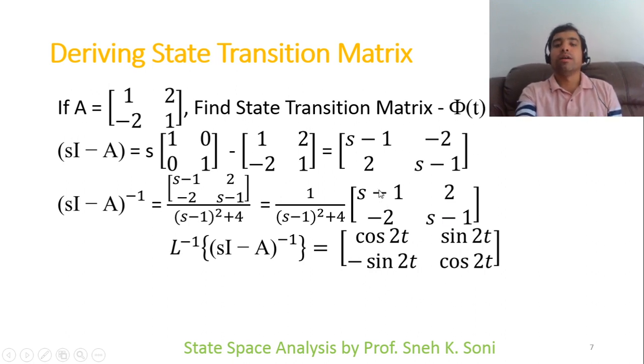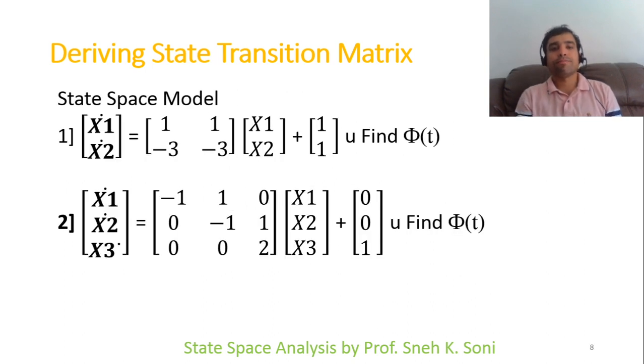If I simplify this, it is 1 upon (s minus 1) whole square plus 4. If I multiply it inside and find the Laplace inverse, then my state transition matrix will be [cos 2t, sin 2t; minus sin 2t, cos 2t]. So this is the state transition matrix, and in this way you can calculate phi of t.